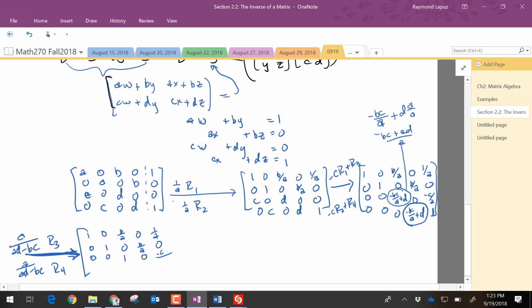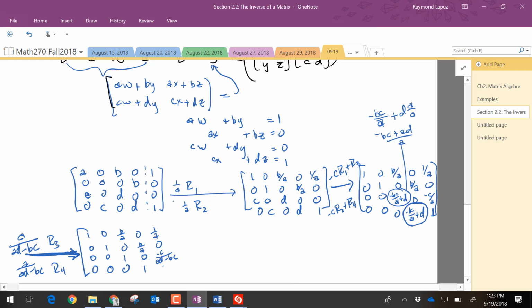Negative C over AD minus BC. And then I'll do the same for the last one. I have a 1 in there. Is that just A?